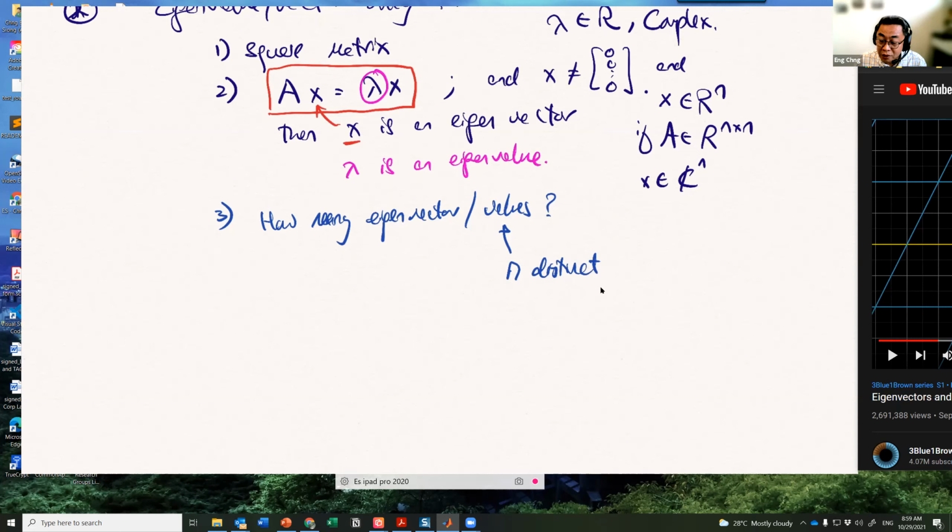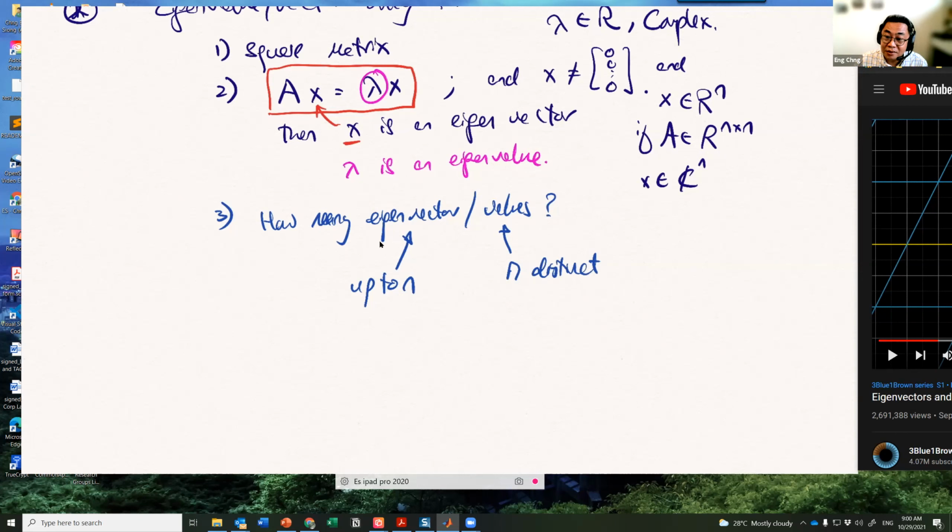But if you don't have distinct, you can have repeated. Also later on we'll understand what's distinct and repeated. You can have up to n eigenvectors. You can even have 0 eigenvectors.